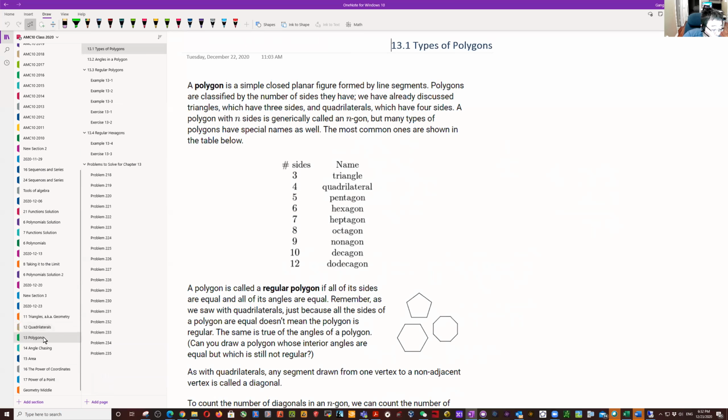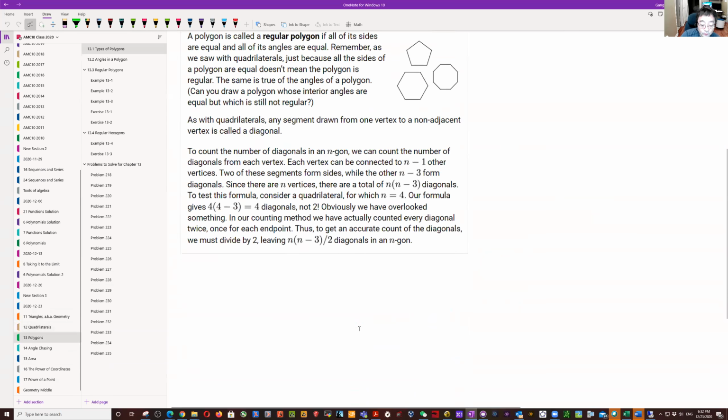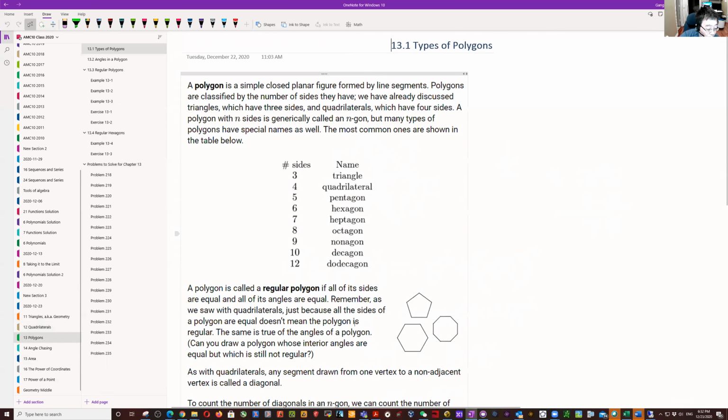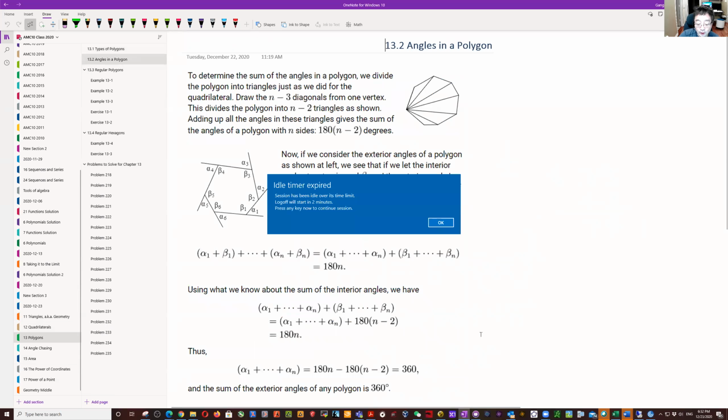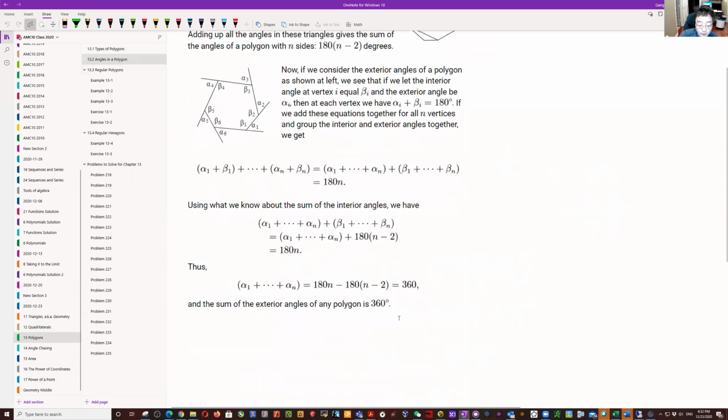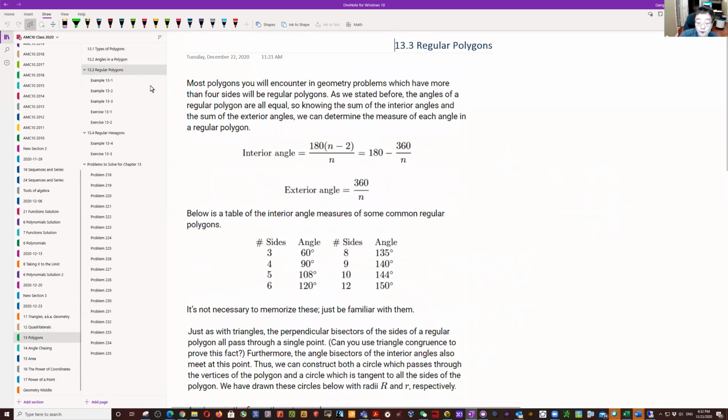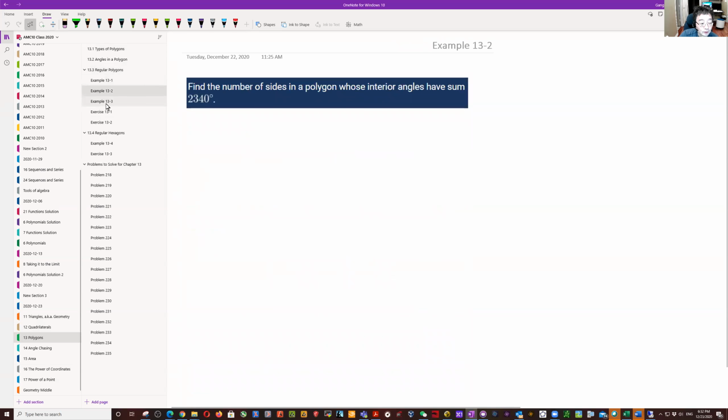Okay. So then let's go to the polygon. And the polygon, I think we already touched that before. We prefer using exterior angle instead of interior angle because that's always 360.